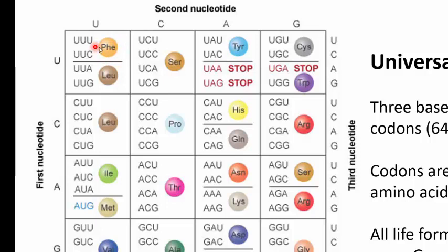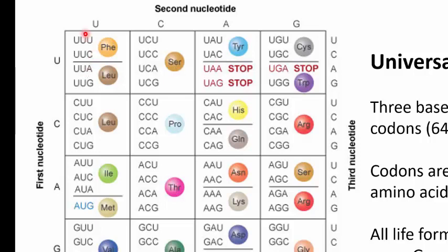Now, PHE is a biochemist abbreviation for the amino acid phenylalanine. There are 20 of these different amino acids. So if we look at the three-letter abbreviations for these and count them up, there would be 20 different amino acids. There are 64 different codons, 64 different three nucleotide sequences.